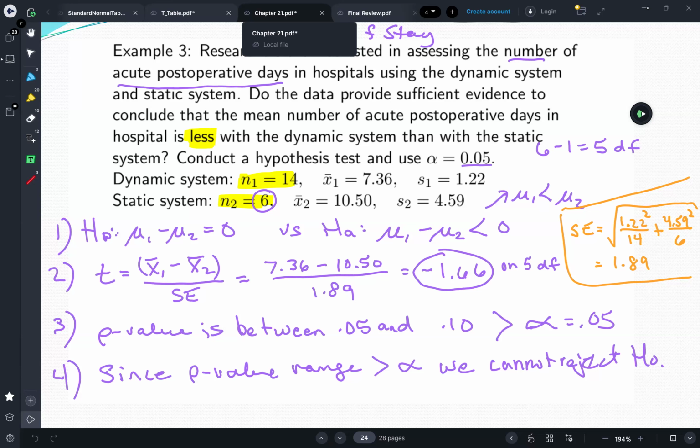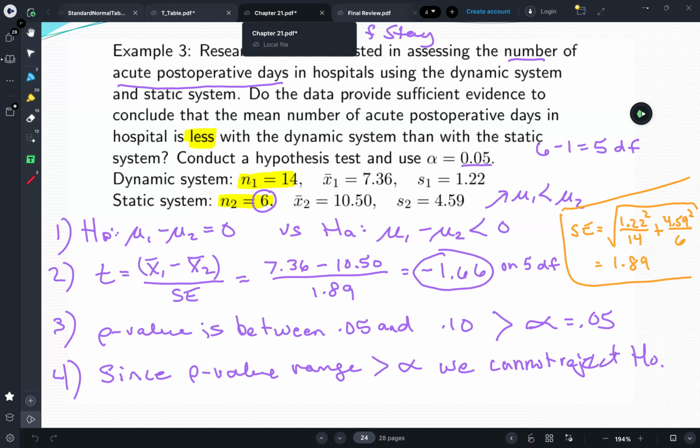Like if you pick, what if it was between 2 and 5? Is your p-value a range, or do you mean your significance level is 0.05? So let's do that as an example.